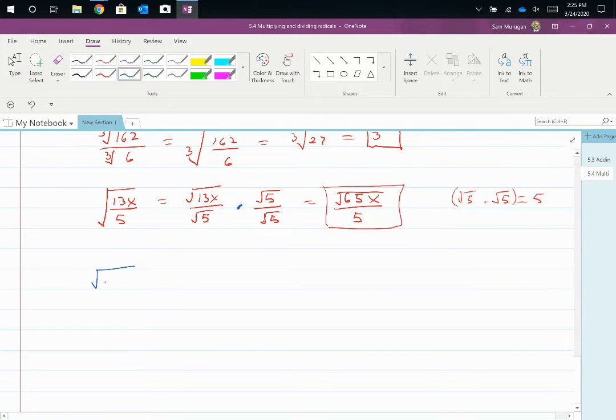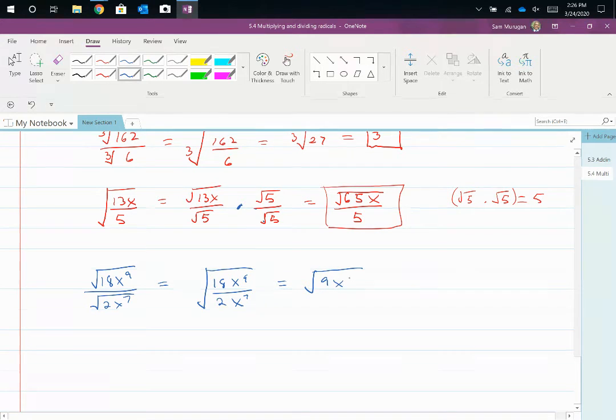Square root of 18x to the power 9 divided by square root of 2x to the power 7. So you want to go ahead and combine this into a single square root, which is 18x to the power 9 over 2x to the power 7. So this is the square root of 9.